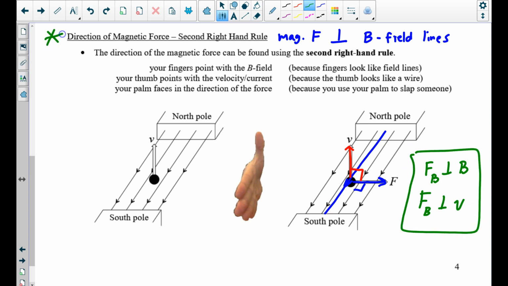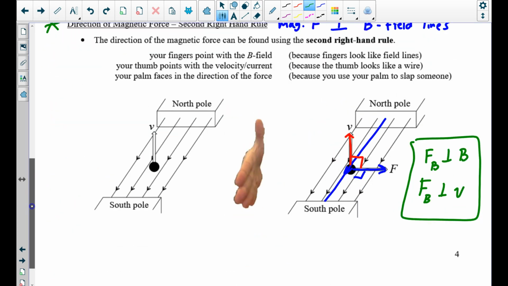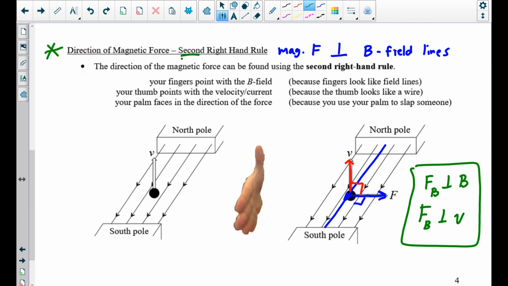We use something called the right-hand rule, but it's different from this right-hand rule. So let's just call this one the first right-hand rule. And what we see now, this is the second right-hand rule. So what is this right-hand rule? The right-hand rule says, stick out your hand.